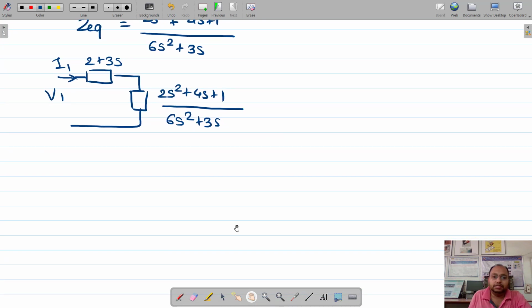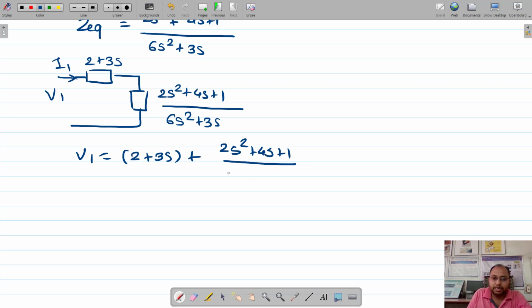Now let us apply KVL to this circuit. V1 is equal to 2 plus 3s plus 2s square plus 4s plus 1 divided by 6s square plus 3s. This is multiplied with I1, isn't it? Right. So V1 divided by I1, I'll write it over here.